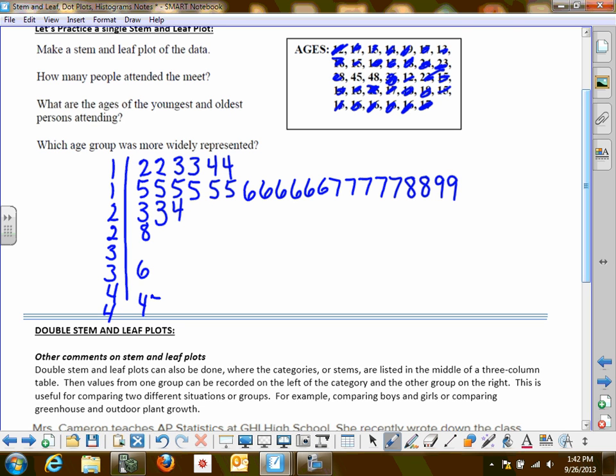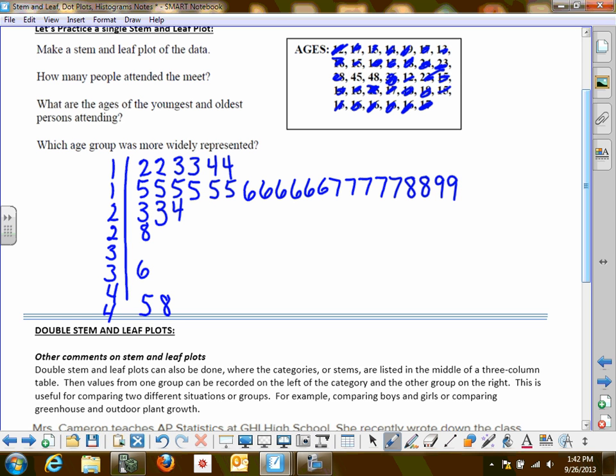So you have a gap. Alright, so from this, you can easily tell a lot about your data. The youngest person at the meet is 12. The oldest person at the meet is... What is the most widely represented age group? 15 to 19 was crazy, whole bunch of people in that group.